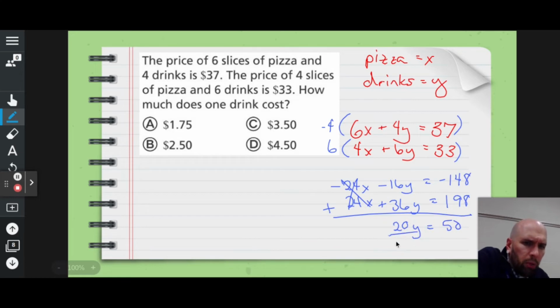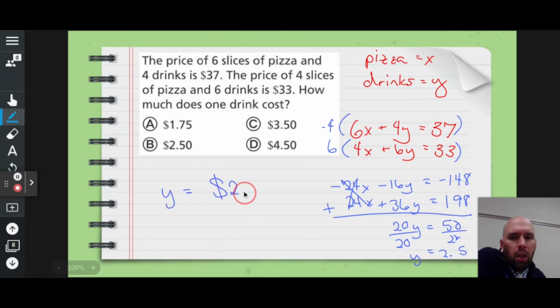So divide both sides by 20, and y equals 2.5. Oh, perfect. That's what it wants me to do. It wants me to find out how much one drink costs. Well, if y equals 2.5 and drinks are y, then a drink is $2.50. All right, I can handle that one. I didn't like it, but I can handle it.